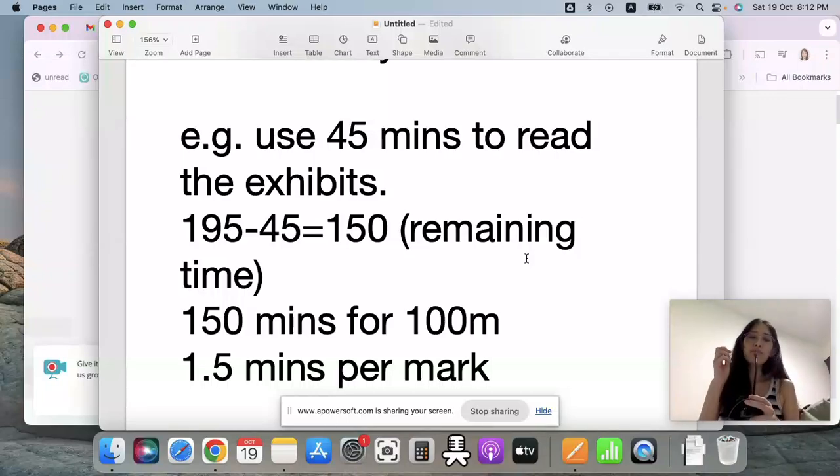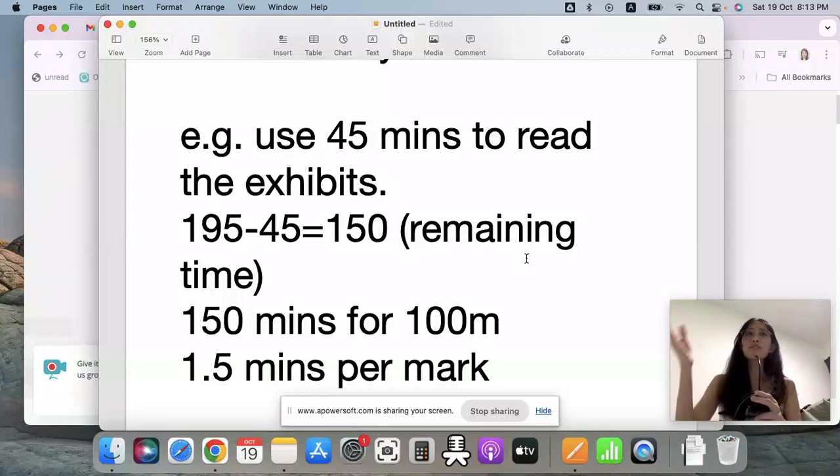So some students may ask, how long is considered long to read the task requirement and exhibit? I would say this is very much depending on individual, because the reading speed of every person will be different, and the speed of interpreting the meaning in the passage is also different. So you need to find out your own speed.